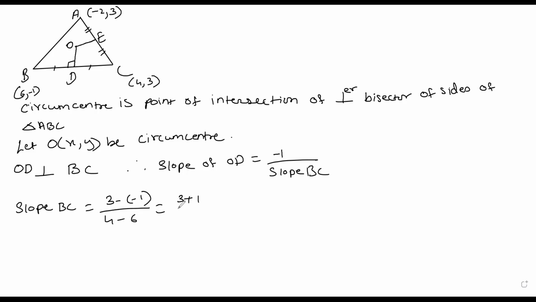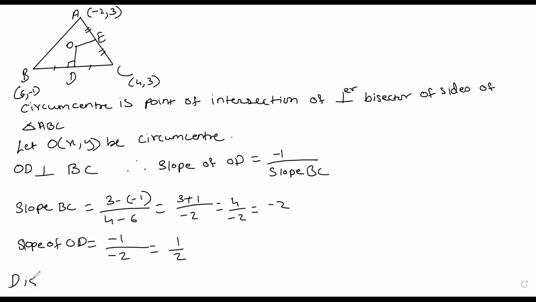So it is 3 plus 1 upon -2. So it is 4 by -2, that is -2. Now what is slope of OD? Slope of OD is -1 upon -2, that is 1 by 2.